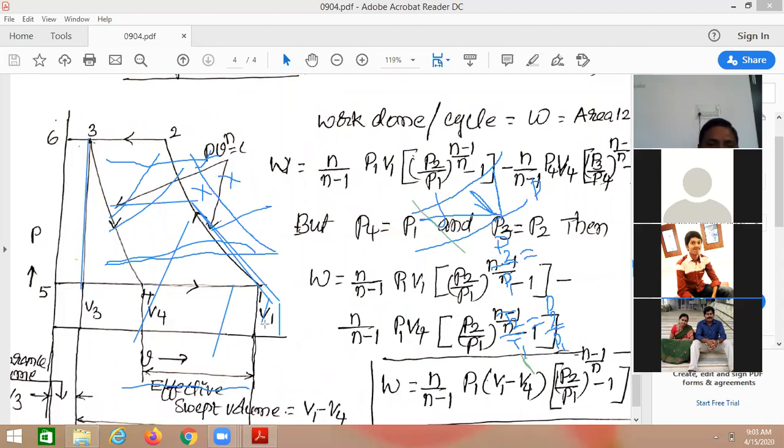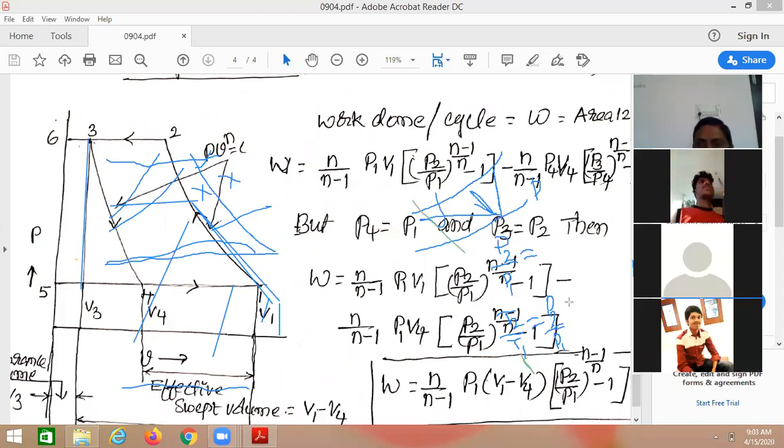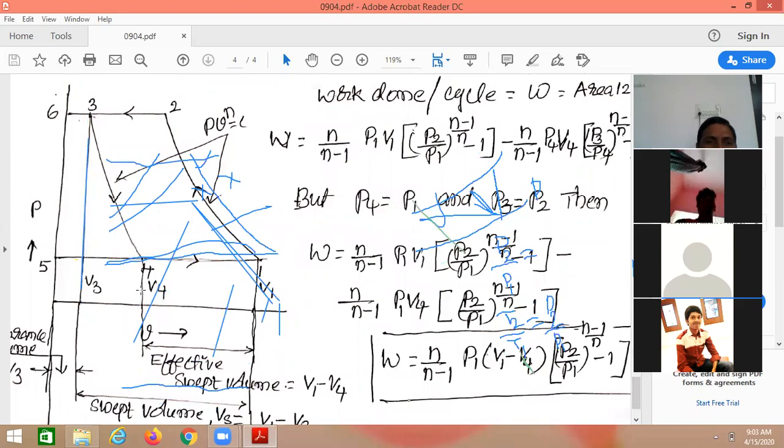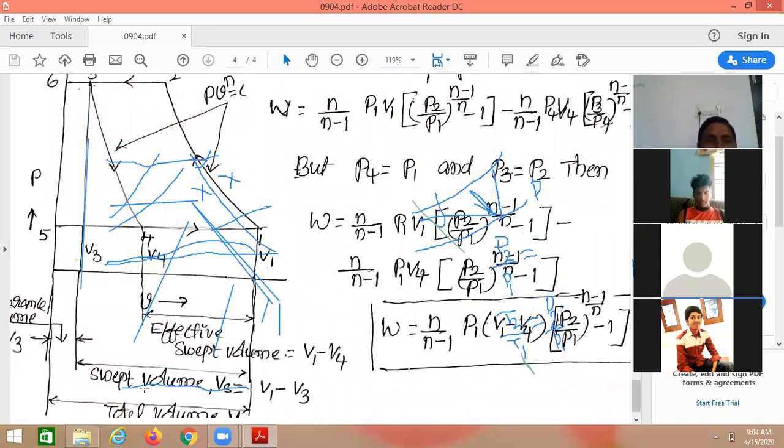The volume of air that has entered is what we call the effective swept volume, the actual volume of air entered into the cylinder. But the piston has traveled from state point 3 up to state point 1. That is called the piston displacement volume, or swept volume of the piston.